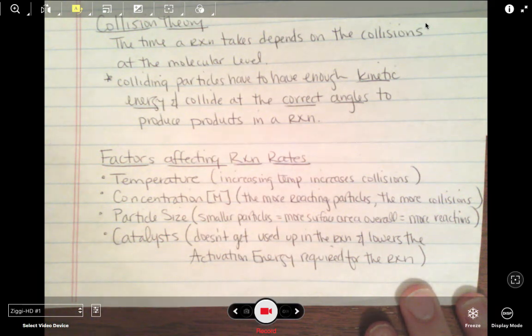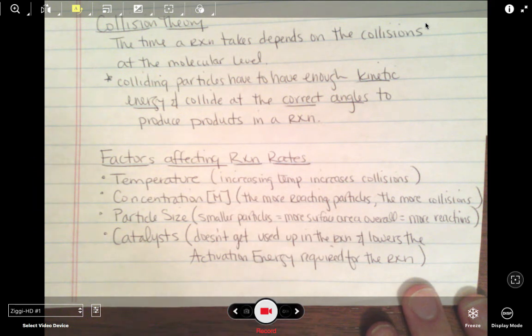The particle size. You actually want a smaller particle size, and the reason why is if you have a million small particles, the surface area of that overall million small particles is larger than if you just had one particle that was very large. So you want smaller particles because you have an overall more surface area, and more surface area means more reactions.